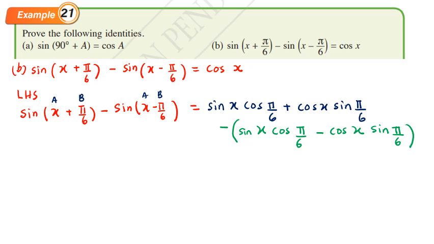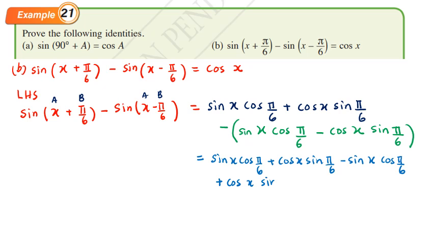Okay, so kita nak combine together. Teacher guna warna biru. Okay, so teacher nak open the bracket this one. Sin x cos pi over 6 plus cos x sin pi over 6. Open the bracket, minus sin x cos pi over 6, negative times negative equals positive cos x sin pi over 6.